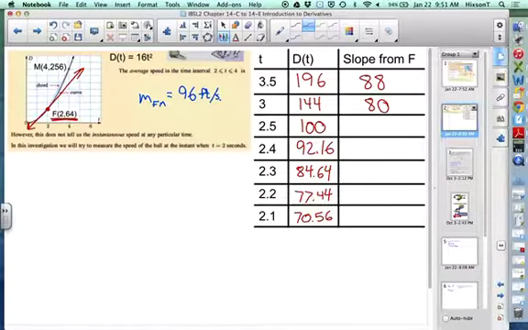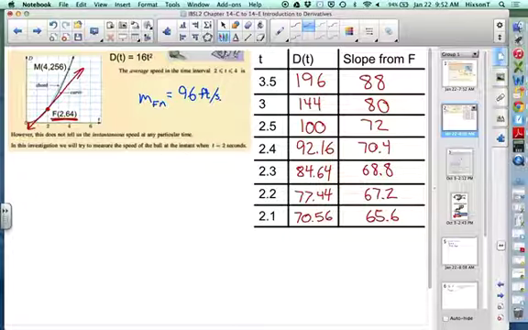To 2.5, 2.4, 70.4, 2.3, 68.8, 2.2, and 2.1, 65.6.